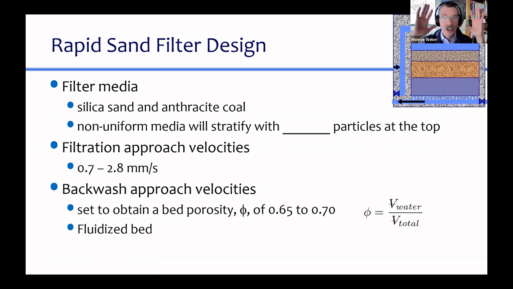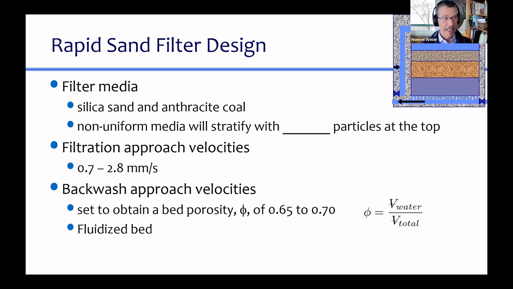If you just had a sand bed and no anthracite, and you didn't sieve the sand to have it all be a similar size, so you had sand that was ranging from 0.2 millimeters up to 1 millimeter in diameter. And now you fluidize that sand bed, and then you let it all settle back down again.